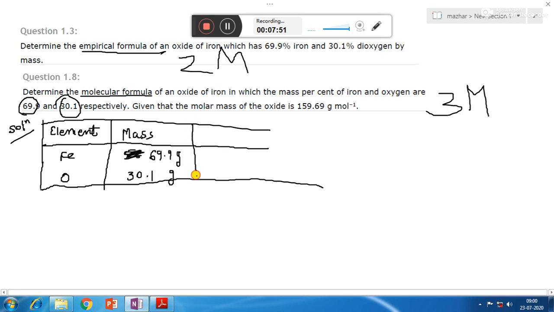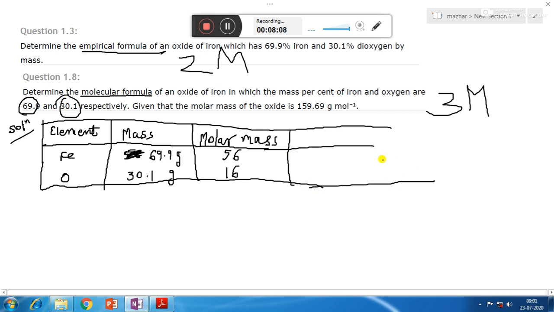Now molar mass we have to take in the third column. Now what is the molar mass of iron? So that is 56, and molar mass of oxygen is 16. Now in the fourth column we have to take number of moles. Now number of moles is nothing but mass upon molar mass. So what you have to do to find out number of moles?